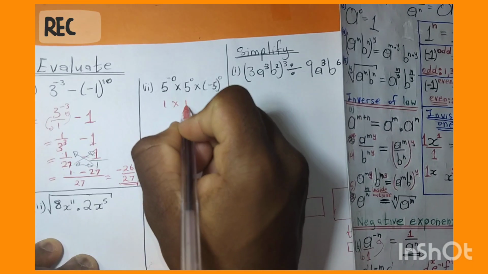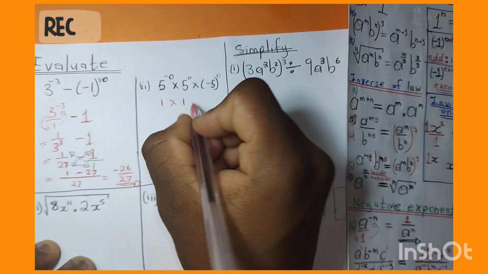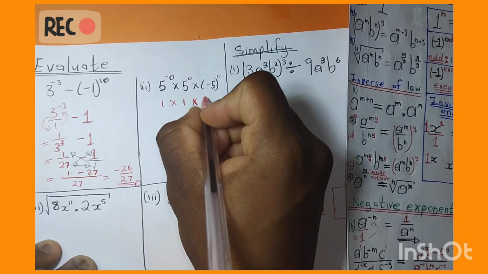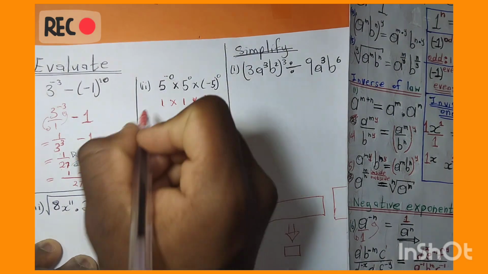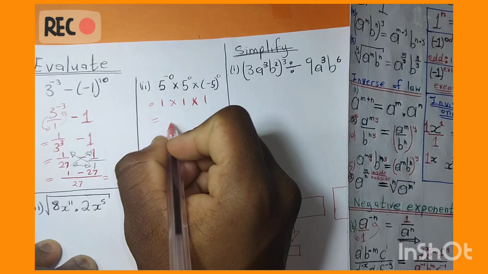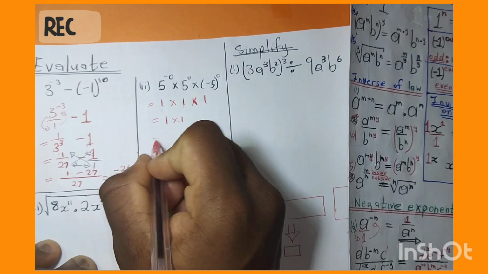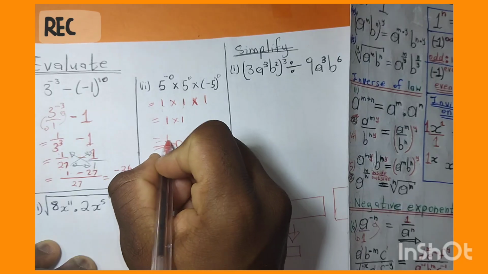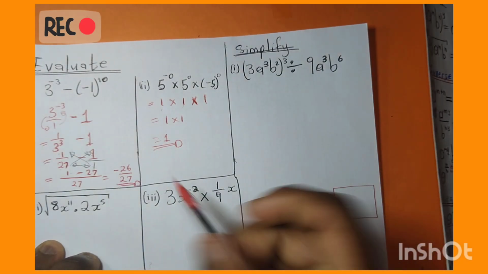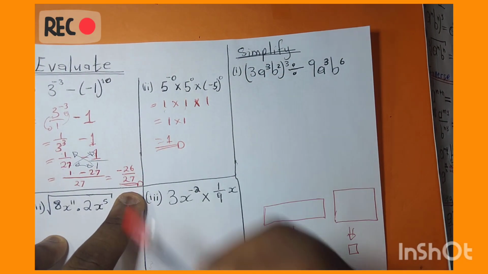Anything that has exponent 0 is 1. Anything that has exponent 0, still it's 1. Do you see, guys? Meaning it's 1 times 1 times 1. This 1 times 1 is 1, and that 1 times 1 is still 1. This is how, guys, you evaluate. You are finding the exact number.